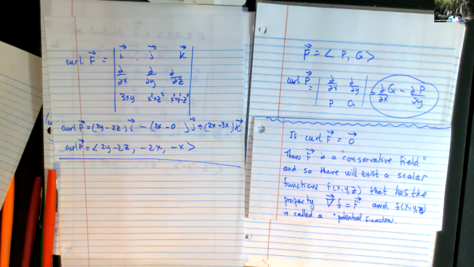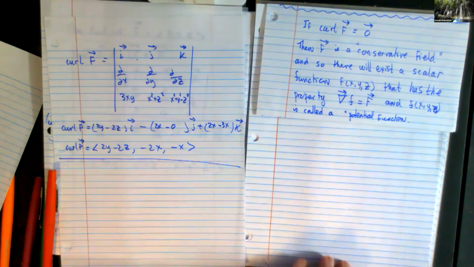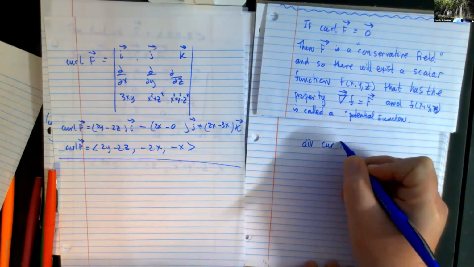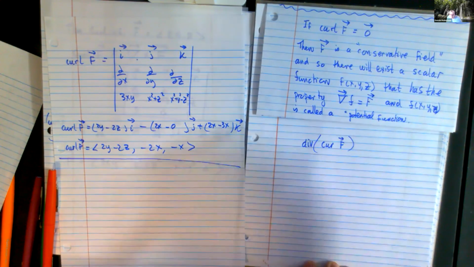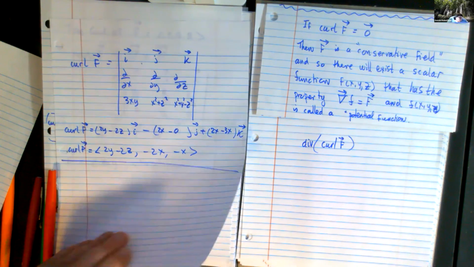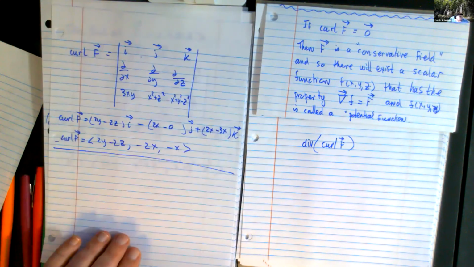Curls and divs. Here's a property. I'll put brackets around it. If you are a well-behaved vector field F, what do you think the div of your curl will be? Lots of things or one thing?